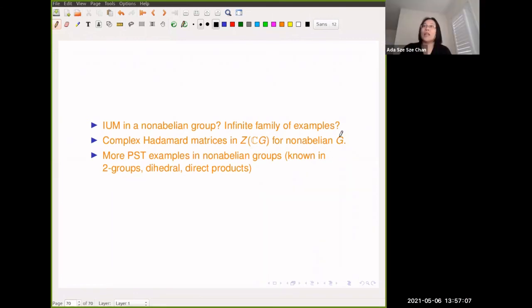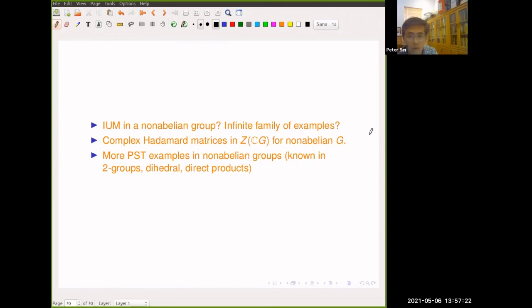I have a question. In the examples that you've looked at, have you seen sets of size larger than 2 of pairwise strongly cospectral vertices? Well, these are examples with only one central involution, right?